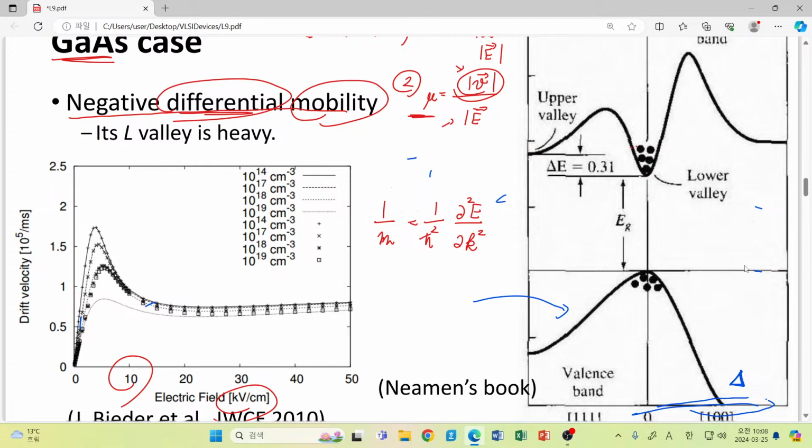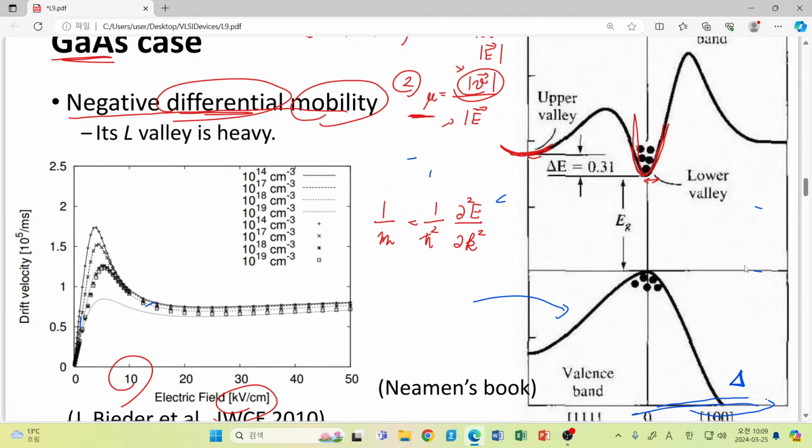So you know that for this one, for a small difference, energy is highly increasing, and for this one, for a small K deviation, energy does not increase fast enough.